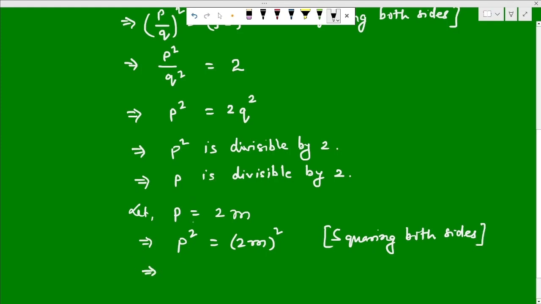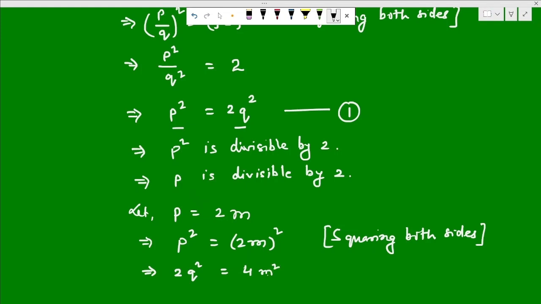Now in place of p square we can write 2q square from equation 1. We are using this equation to replace p square by 2q square, and in the RHS we get 4m square, as the square of 2 becomes 4, and m square.